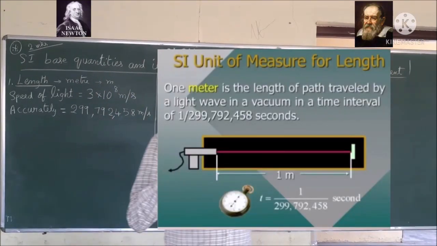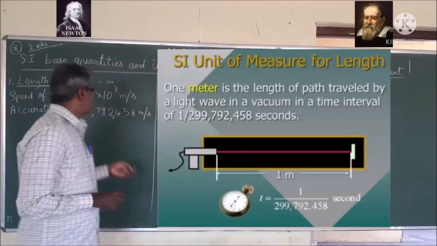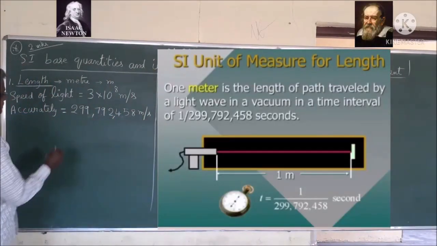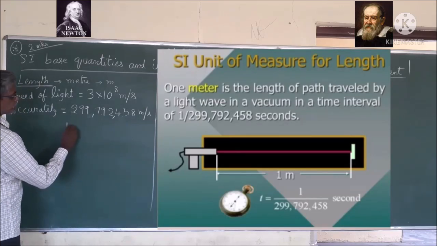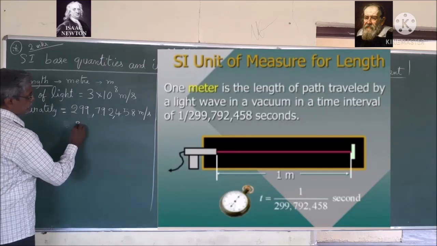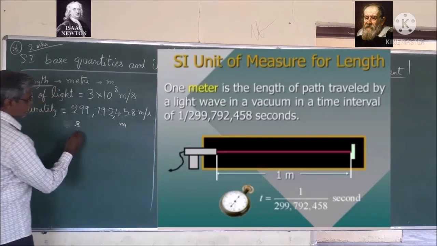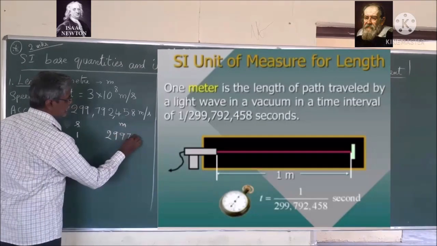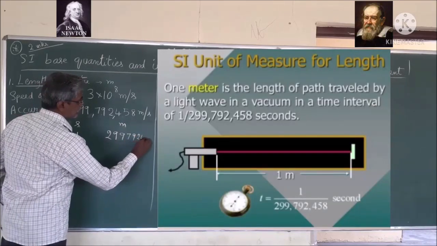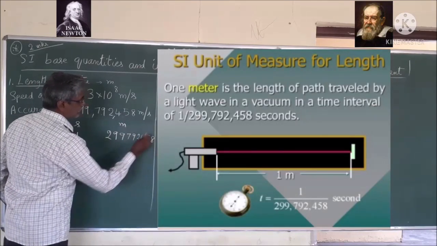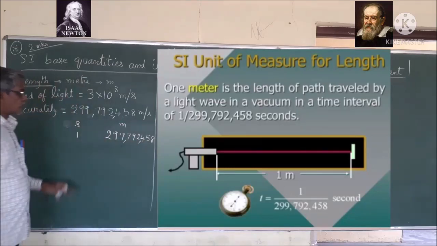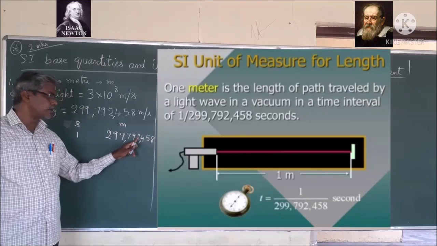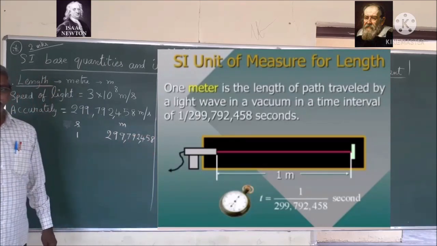Now my question is to define 1 meter. For 1 second, light travels so many meters. I can rewrite it like this: for 1 second, 299,792,458 meter.